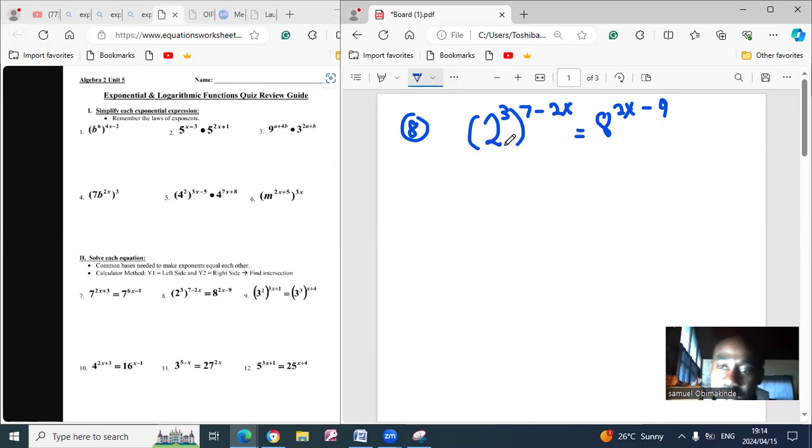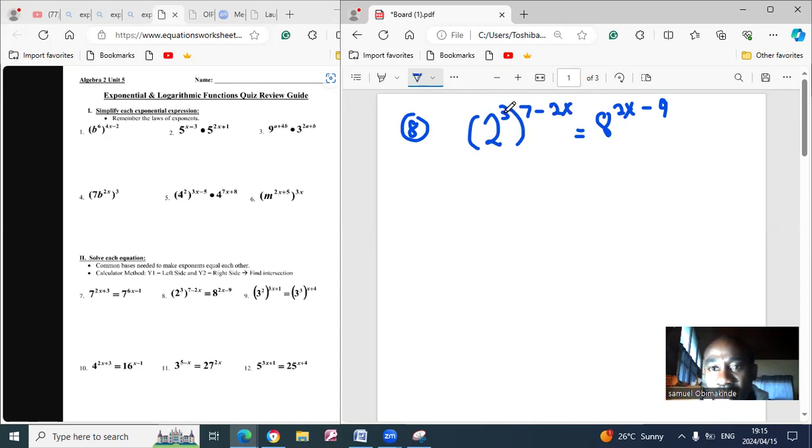Remember, the first thing you want to look out for when you're solving exponential equation is a common base on both sides. Here the base is 2 raised to the power 3. You have this base, which is 2, with the exponent 3 here, and another exponent outside of the bracket, which is 7 minus 2x.